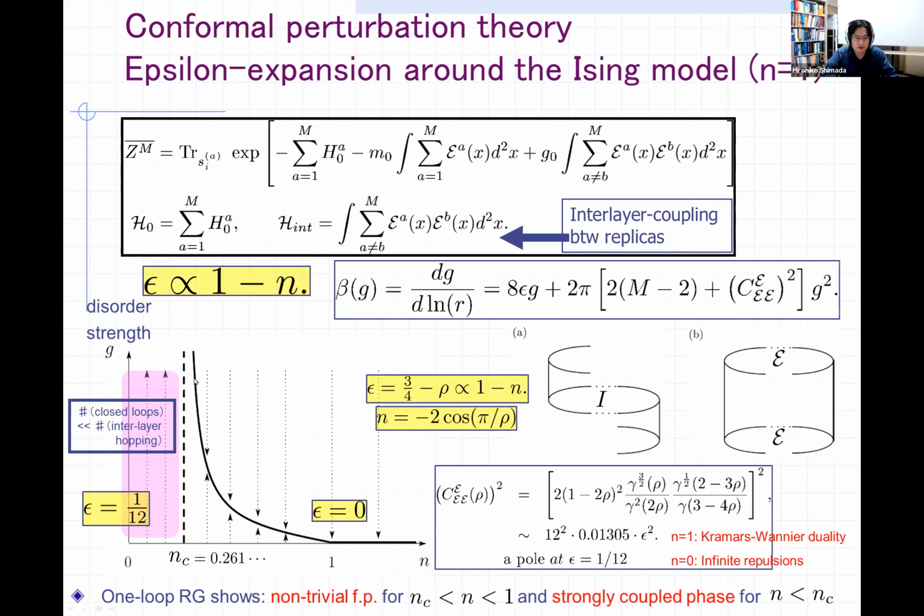So below that, intuitively, these replicas are strongly coupled in the vertical direction. And the intuitive picture is that the number of closed loops is small. So interior hopping dominates the system. So it's strongly coupled in this direction.